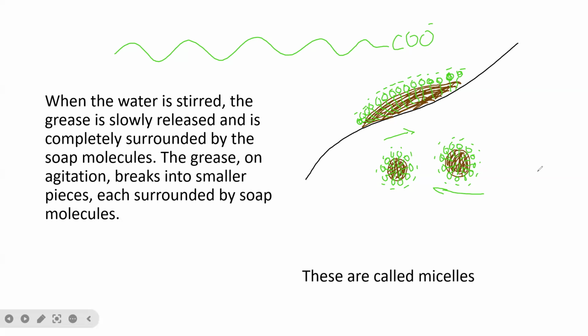If you're able to agitate very well, the oil droplets will scatter inside the water. When you have oil dispersed inside water like that, with tiny particles of oil, it will look like it's dissolving inside water. When you get something like that, we say that emulsification has taken place.